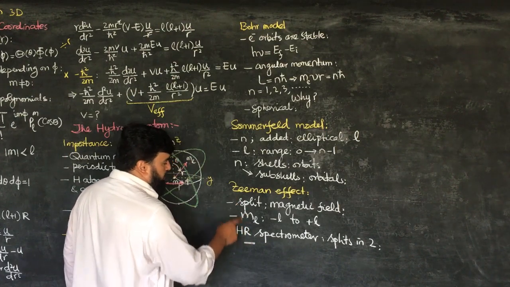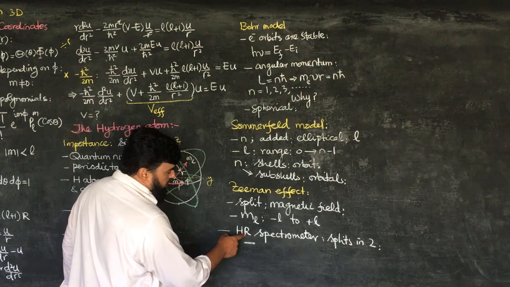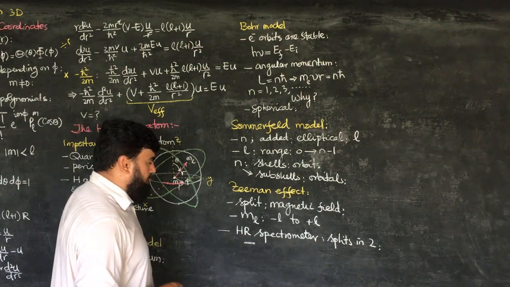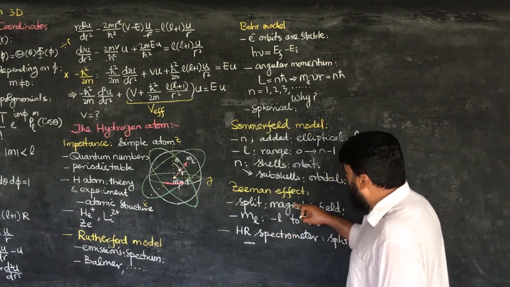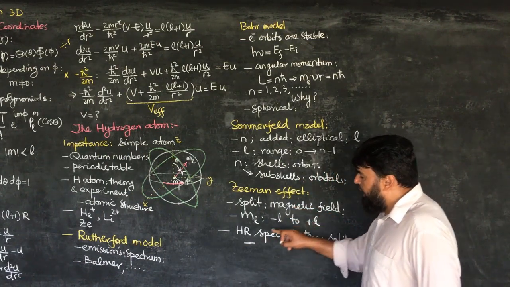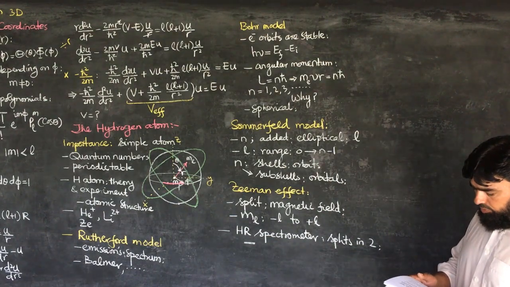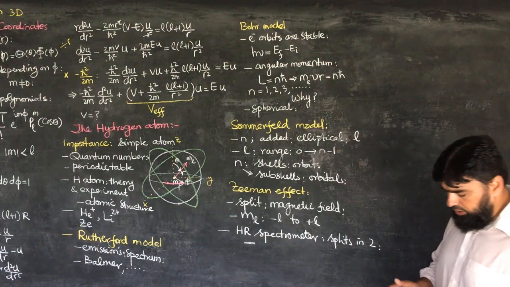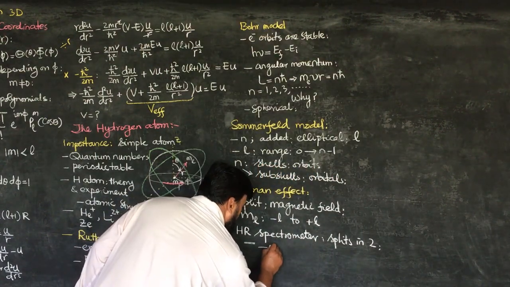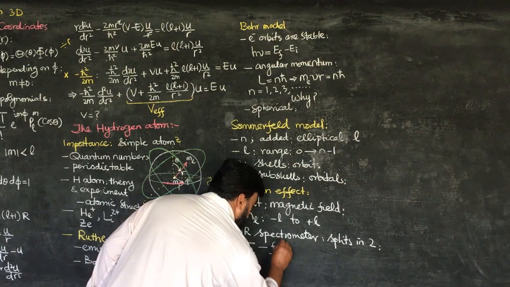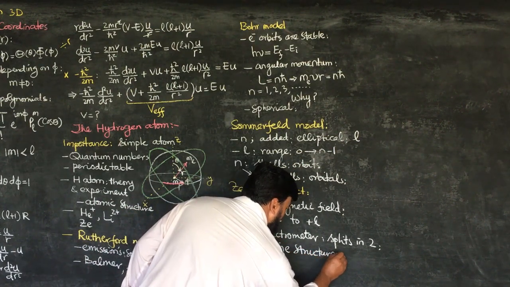For a normal spectrometer, it looked like one line, but with a high resolution spectrometer it was found that even in the absence of a magnetic field, a given line is composed of two different lines, and this was called the fine structure of the atom.